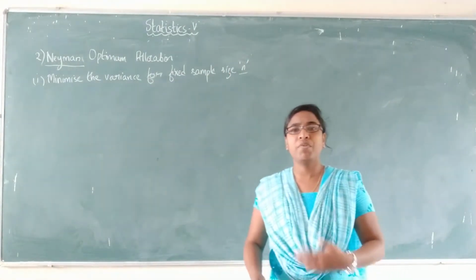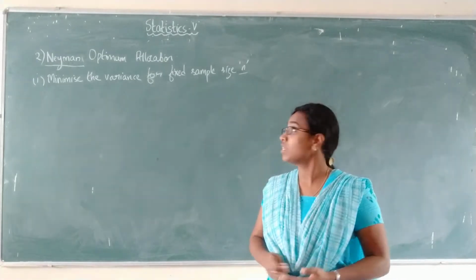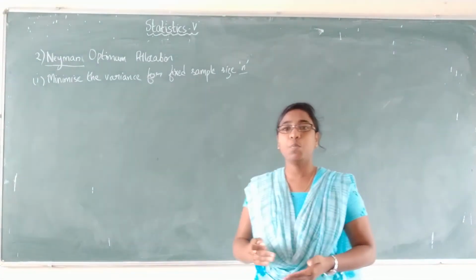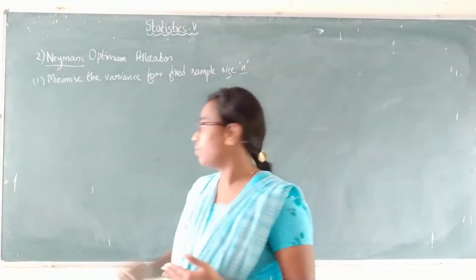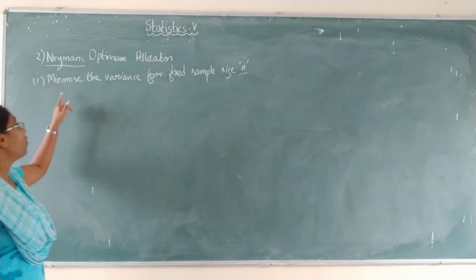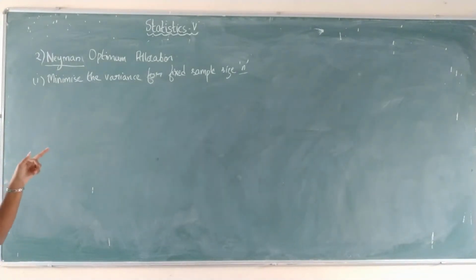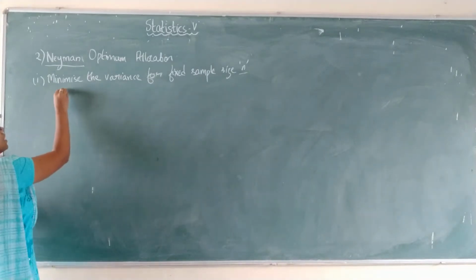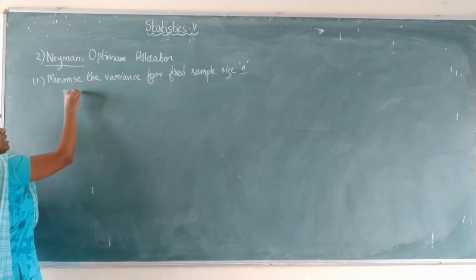Depending on that fixed sample size, we will try to minimize our error, minimize our variance. So that is the first condition, minimizing the variance for the fixed sample size n. Minimizing variance means maximizing the precision.